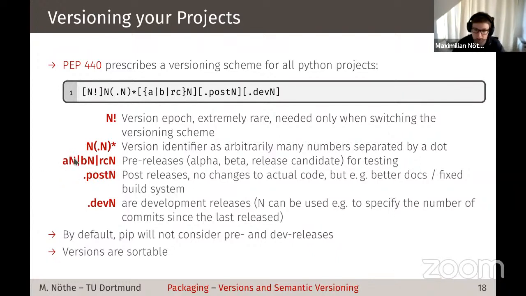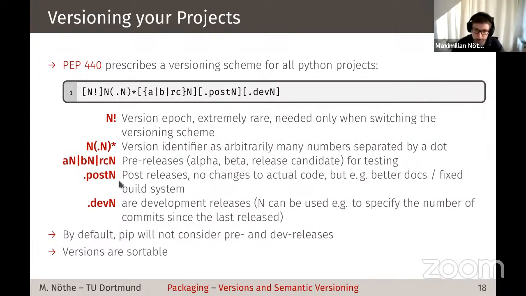With an a, it's an alpha release. With a b, it's a beta release. Basically, test releases, which means this is not yet stable, but you can try it out to see if there are any issues, and we want to have feedback on this software. The release candidate is a very mature version of a new software, which is basically telling users, this is what we want to do in the next version, but we are giving you the chance to test it. So please try out the release candidate and report any errors or issues you encounter back to us.